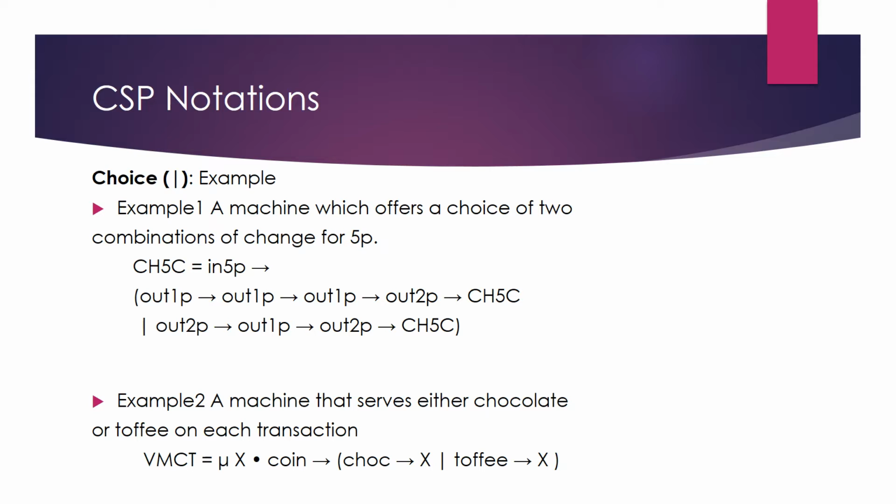So we divide these separately, the two choices, and it's change for 5p. So we can see in example 1, and the same thing with example 2, a machine that serves either chocolate or toffee on each transaction. So we separate the x and y, the same thing that divides the events. So the chocolate and toffee, the choice will be divided, and the chocolate and the toffee are separate events.